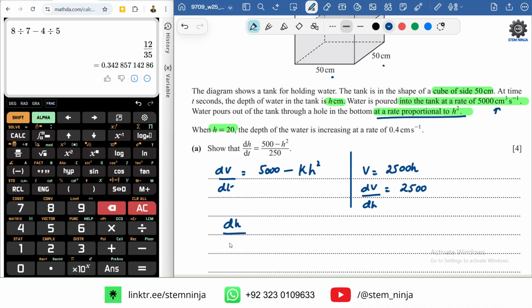So dh over dt would be dh over dV times dV over dt. So dh over dV would be 1 over 2500, times 5000 minus k h squared.